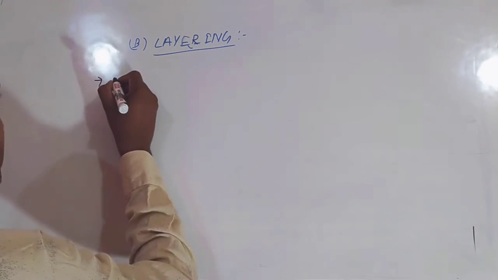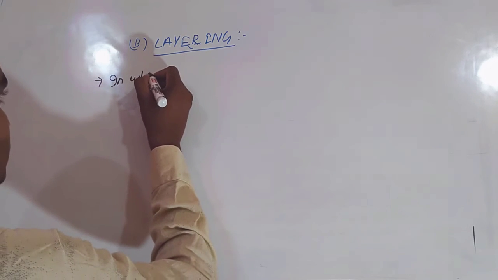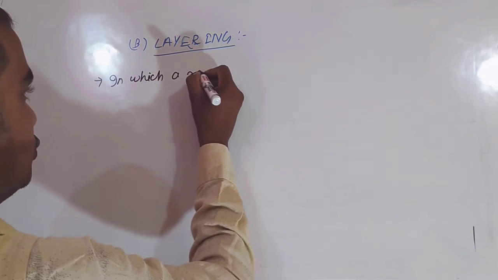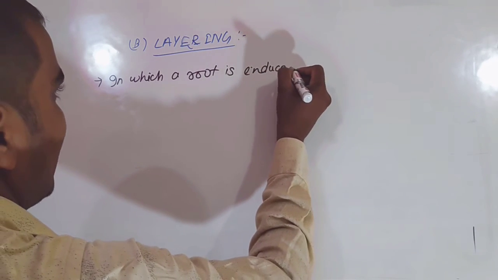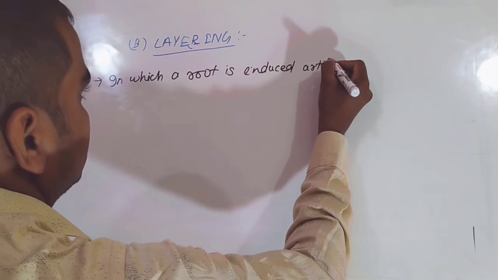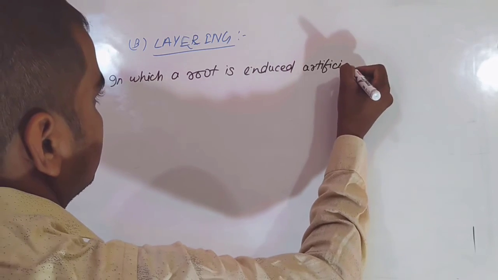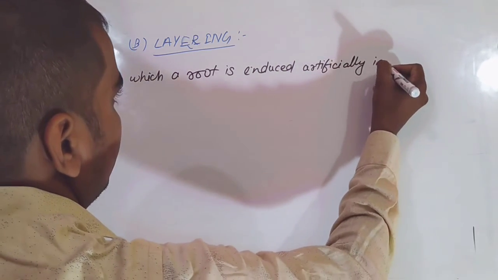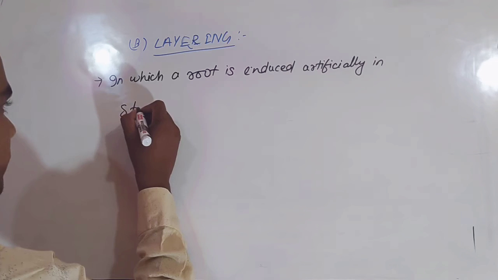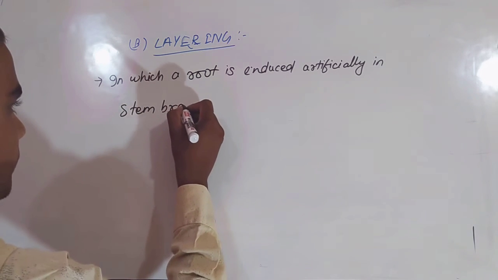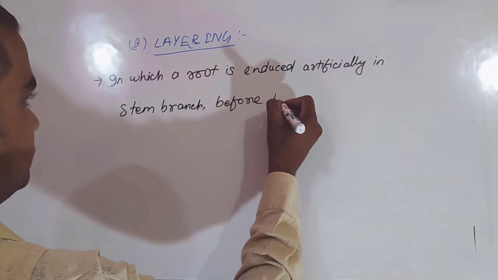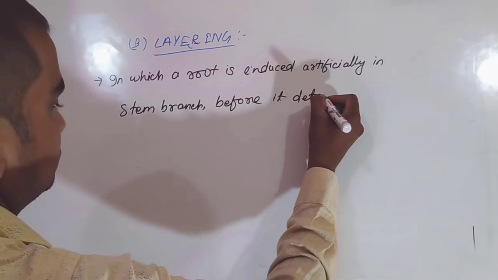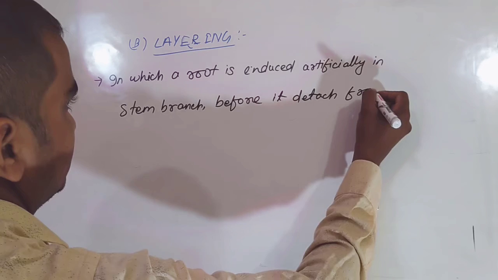Layering is a process in which a root is induced artificially. Okay, we have to induce a root artificially in the stem branch before it detaches from the parent plant.